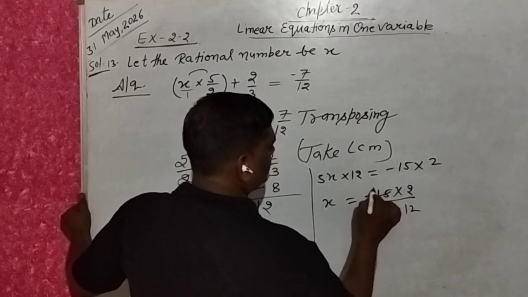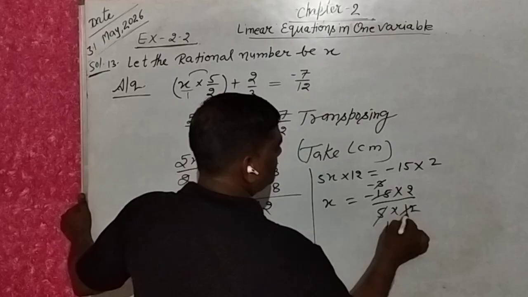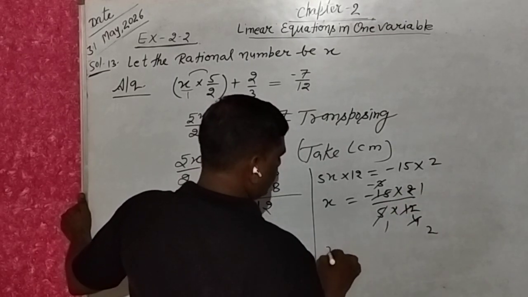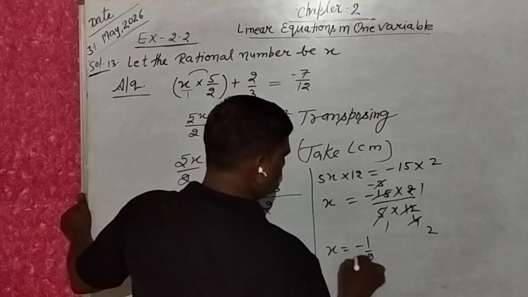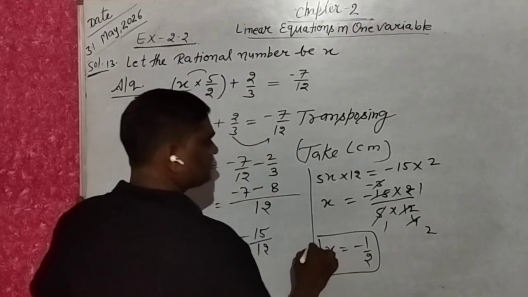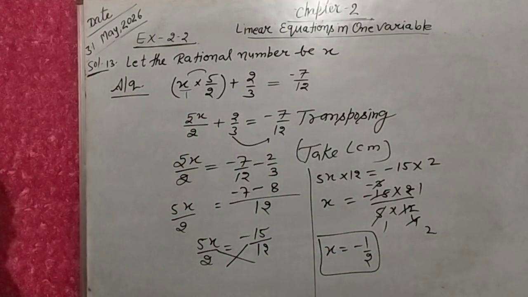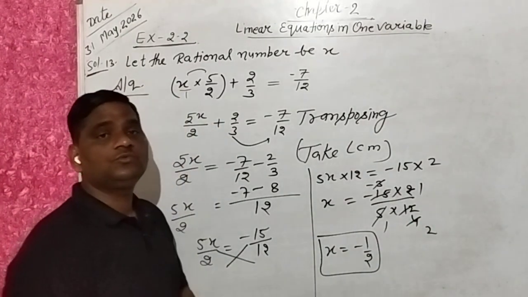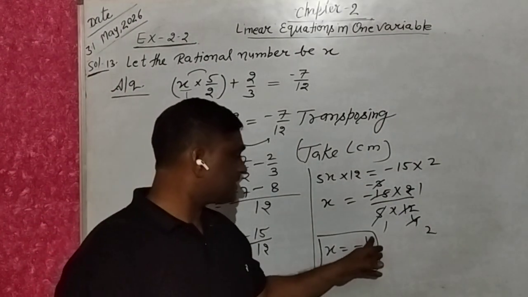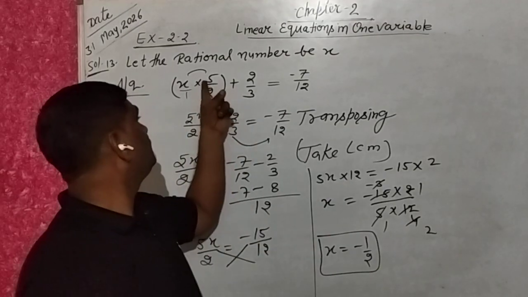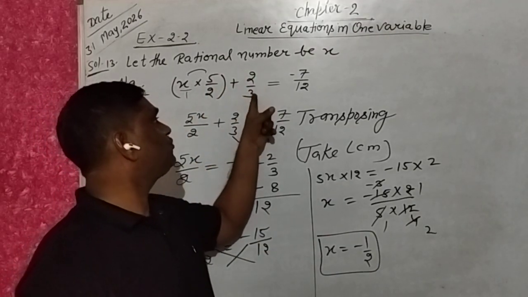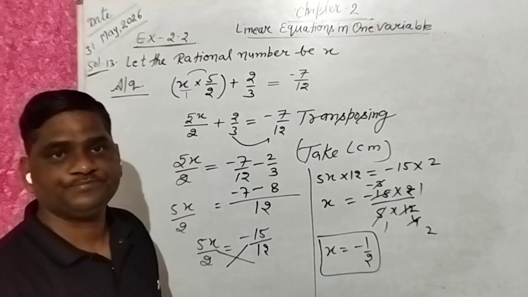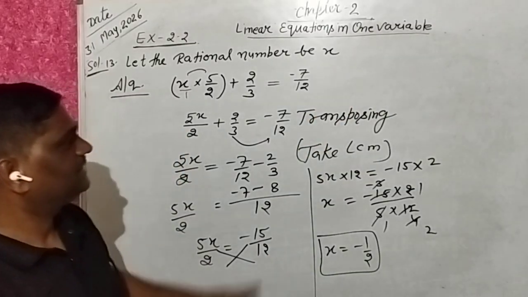Cancelling, the x value you get is minus 1 upon 2. So the rational number is minus 1 upon 2; multiplied by 5 upon 2 and adding 2 upon 3, you get minus 7 upon 12. Understand? Yes. Write down.